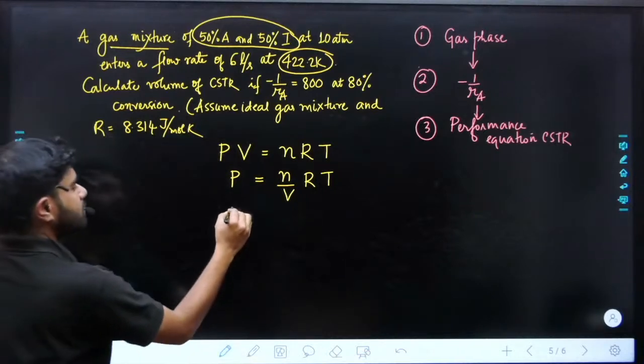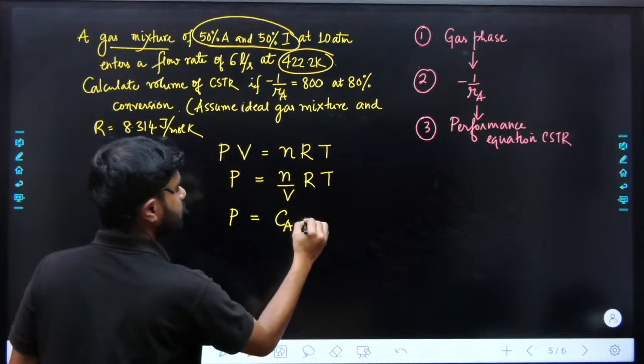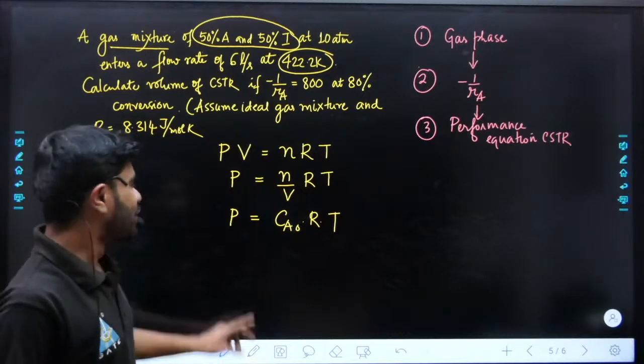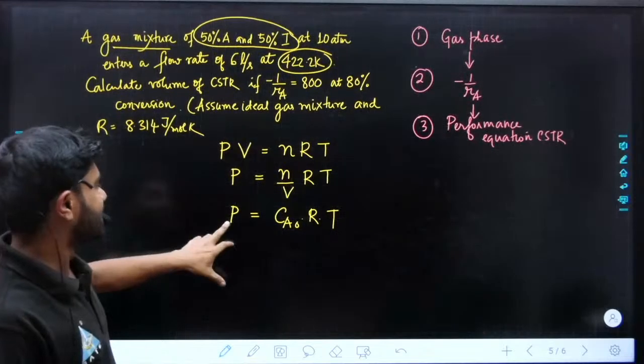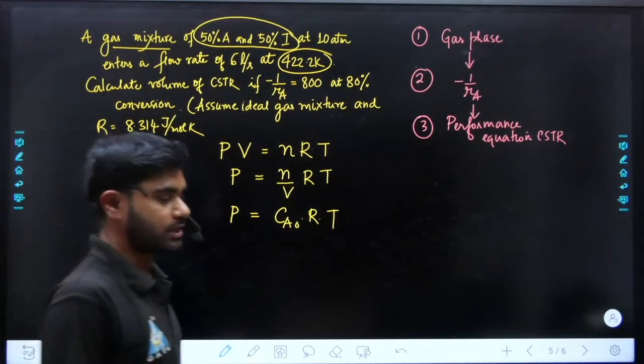Now this P will be equal to Ca naught into R into T. Everyone knows this. Now what is this pressure? Is it PT, or is it the pressure of A? Let me know.